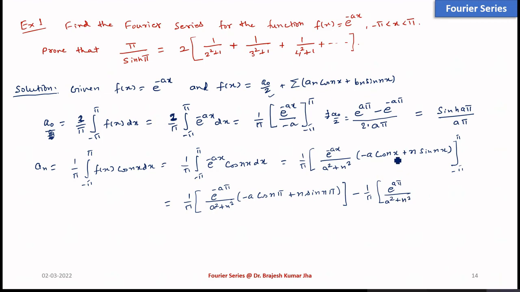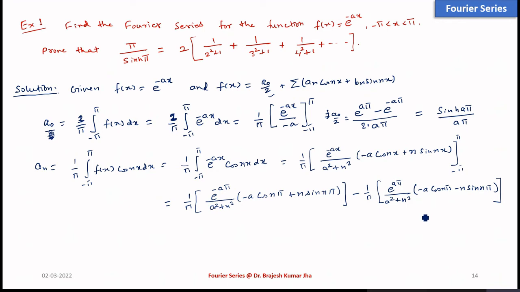If you put minus here, it will remain minus, so it will be cos n pi, plus, and then minus n sin n pi.